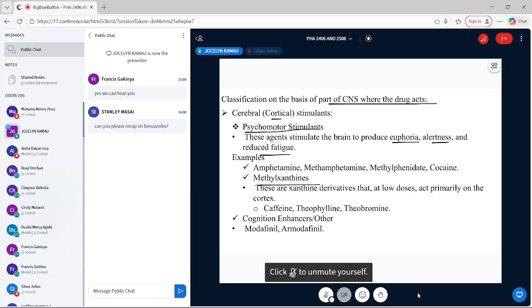But you also have what you call the glycine receptors, which are usually inhibitory receptors, and they are bound by glycine. So glycine can bind them, and they are inhibitory.